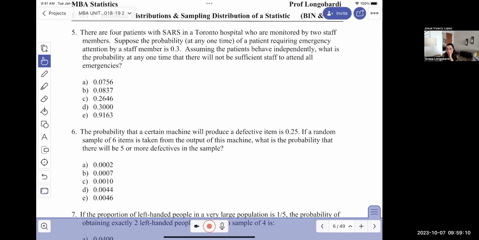Okay, so a few of you did question 5. All right, let me try it.